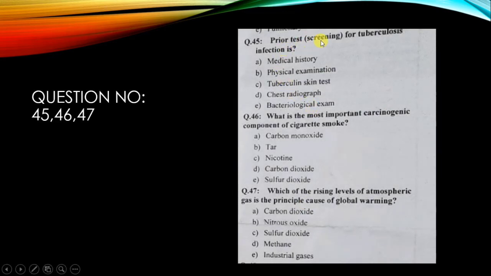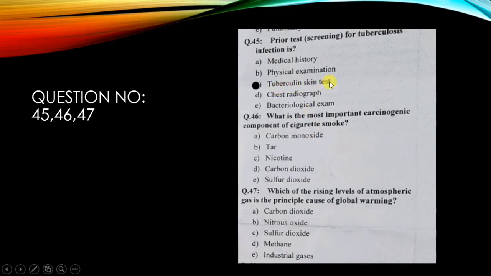Question 45 says the best test for screening for tuberculosis infection is medical history, physical examination, tuberculin skin test, chest radiography, or bacteriological exam. The tuberculin skin test or Mantoux test is used for screening for tuberculosis.